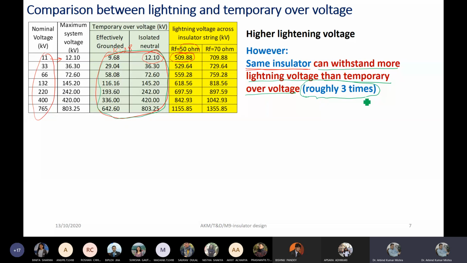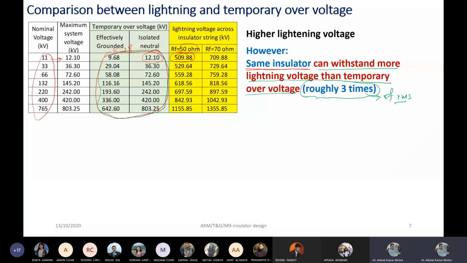then what does it mean? That it is 3 times the RMS, because temporary overvoltage can be expressed either in terms of RMS value or in terms of peak value, so sometimes people become confused. That's why I mentioned that roughly it is around 3 times.